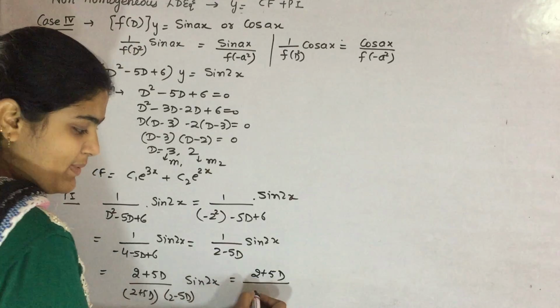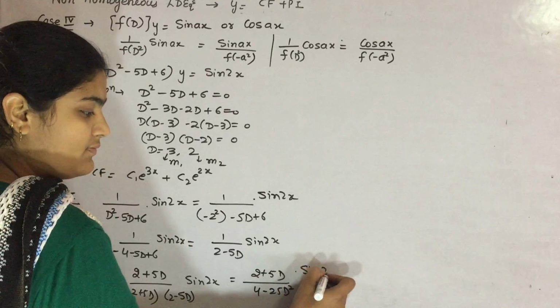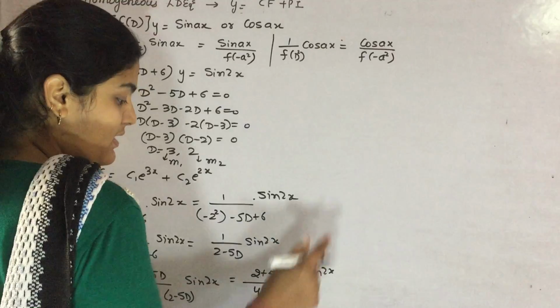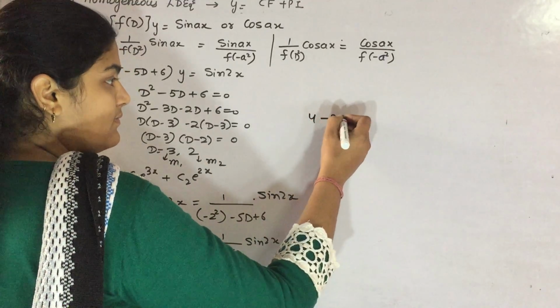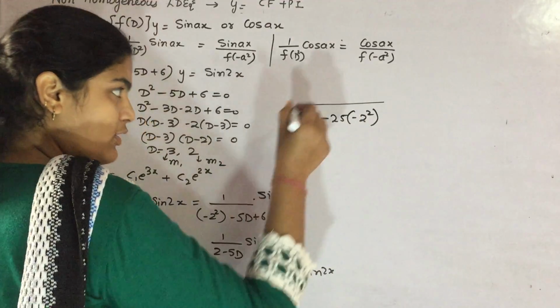Okay, (a minus b)(a plus b) becomes a squared minus b squared. Again D squared, so again substitute the value of minus a squared, that means minus 2 squared, in the denominator.